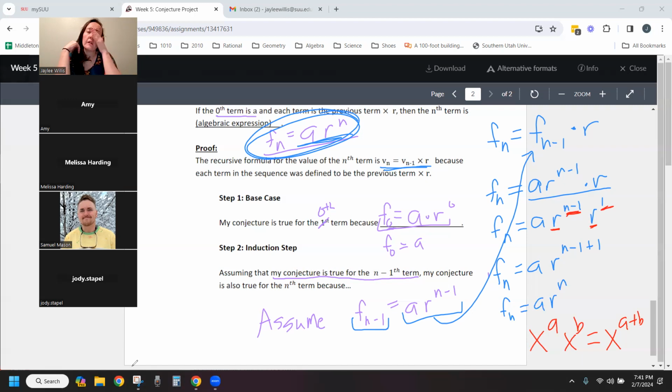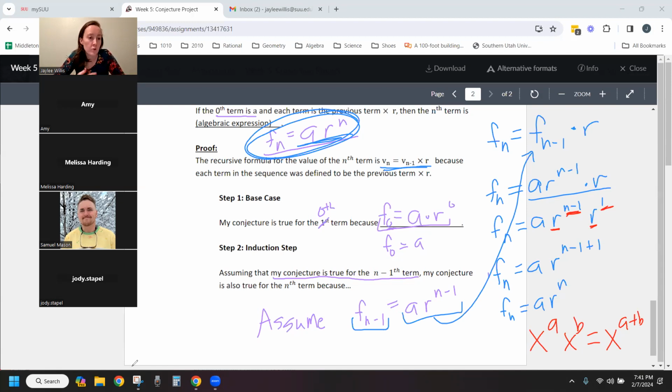Yeah, Melissa, the conclusions for induction are usually always the same, because the n minus 1th term implying the nth term, that domino argument, can be the same for all of them. So the conclusion you wrote last week, you can copy and paste it and just substitute in the specific situation.